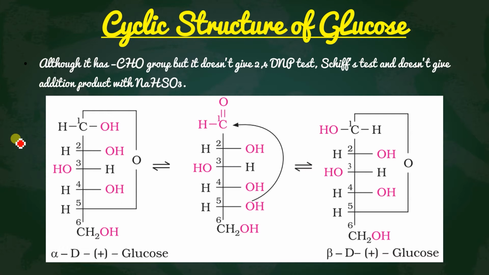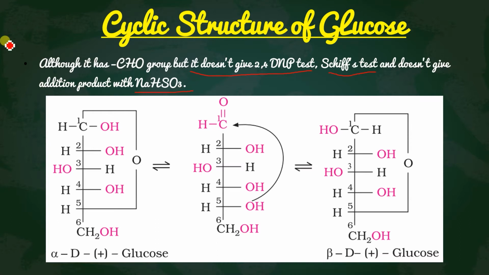The cyanohydrin reaction, semicarbazide, hydroxylamine, 2,4-DNP, Schiff's test. There were many reactions, if you can remember all this. Although glucose has a CHO group, it doesn't show the 2,4-DNP test or Schiff's test, and doesn't give the addition product with NaHSO3.